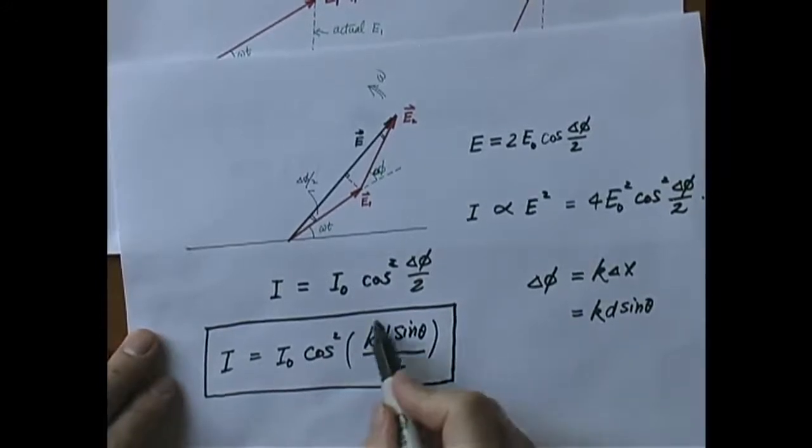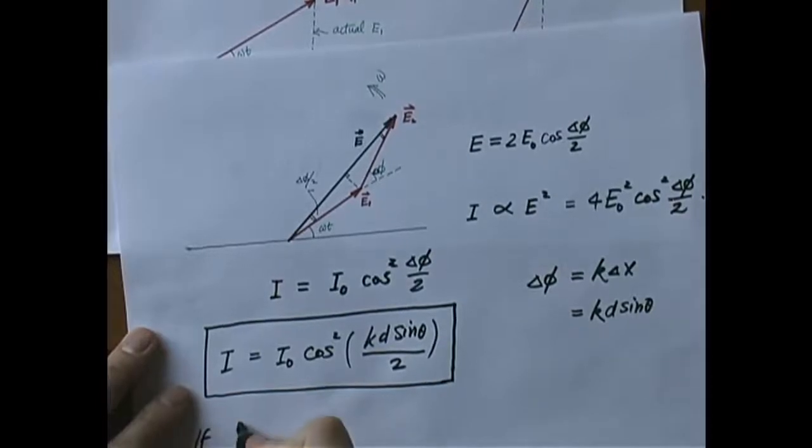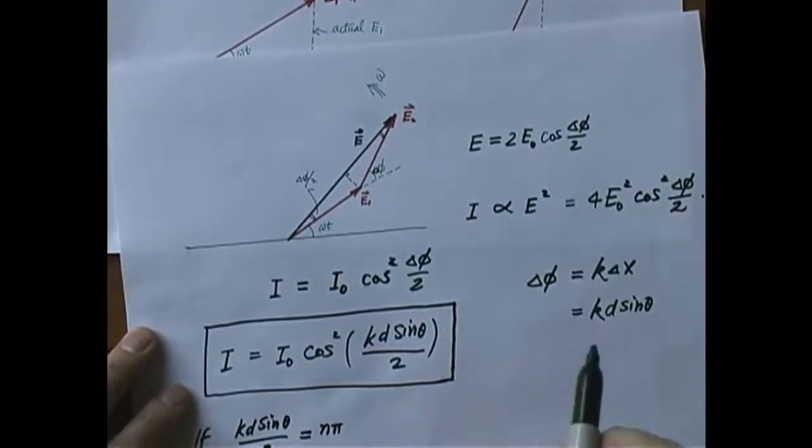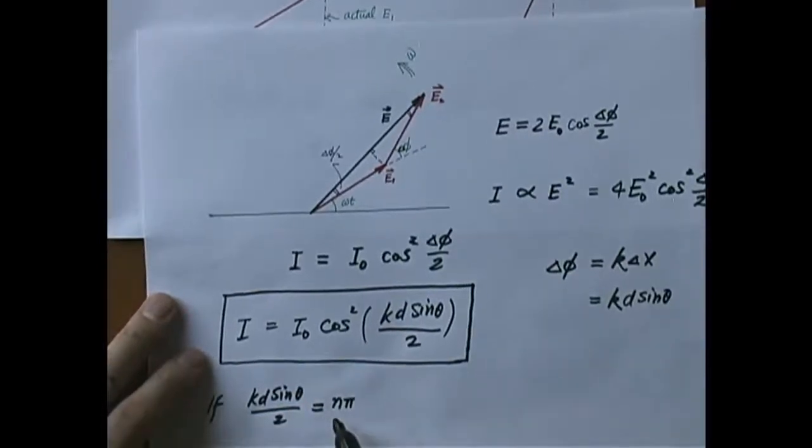So if the phase angle k d sine theta over 2 equals a multiple of pi, n pi, then of course you get cosine n pi, which is plus or minus 1. You square it, you get 1. So that is the condition for a bright spot.